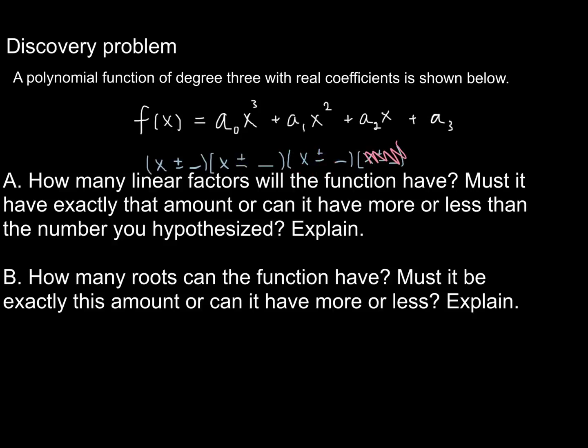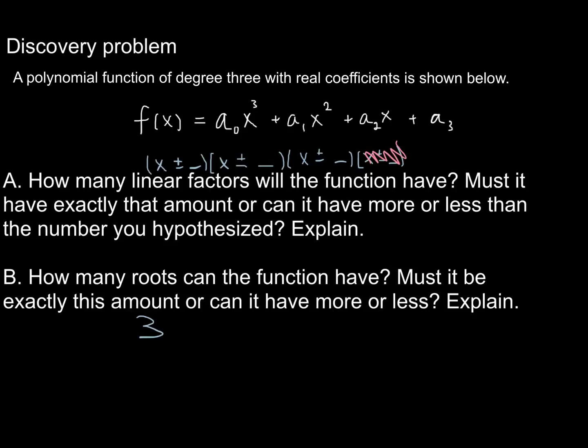So there are how many things that would make the whole function 0? 1, 2, and 3. And it can't have any more, it can't have any less. There can't be some number I left out because I considered each factor. And it can't have any less because there's going to be one thing that makes each linear factor 0. So it's got to have exactly 3 roots.